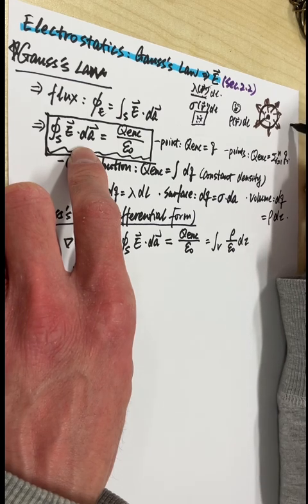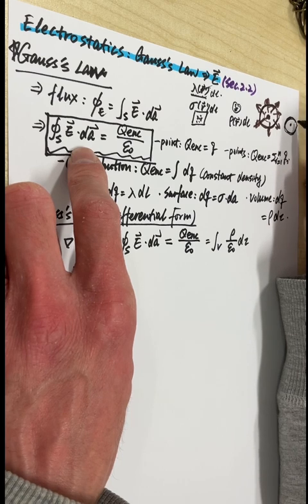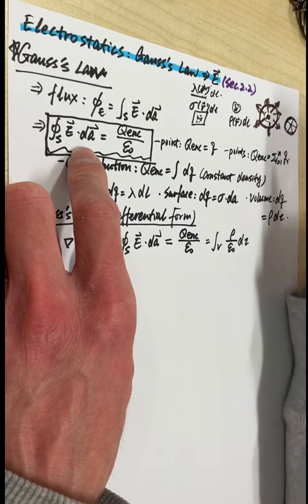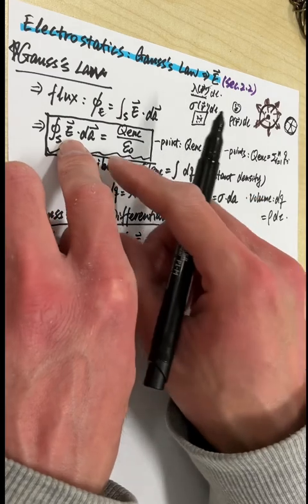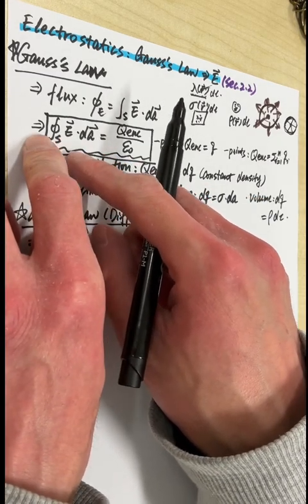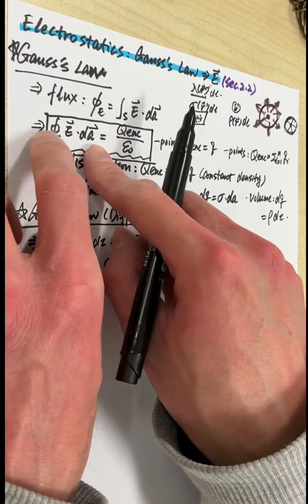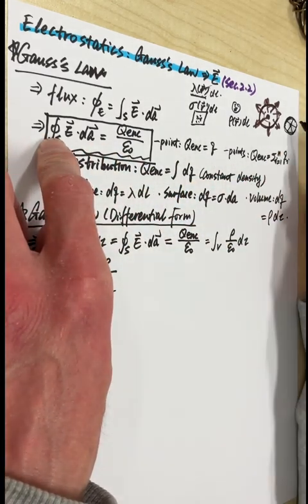If it's a point charge in the middle, then every point on a spherical surface would have the same electrical field. When the electrical field is a constant, we can move it out of the integral sign. And the surface integral is just the total area of the sphere.